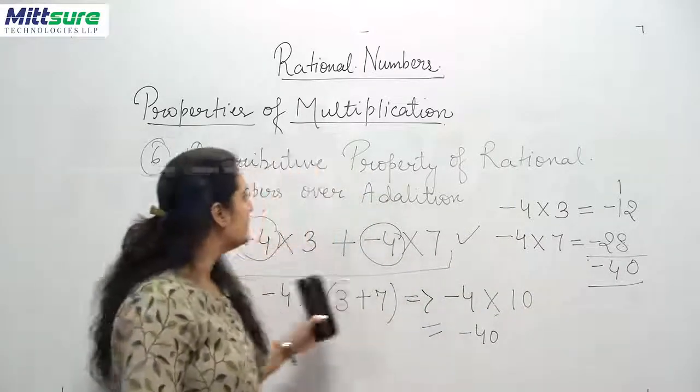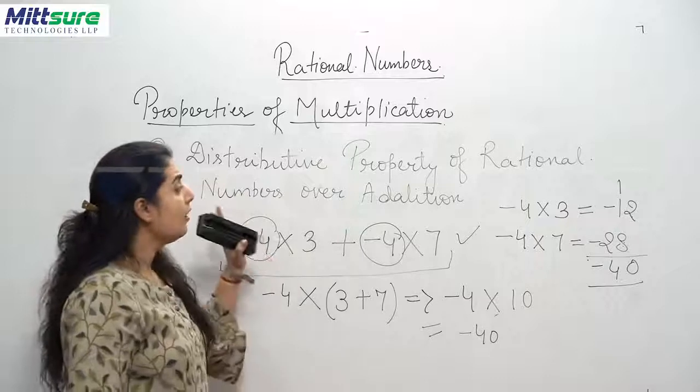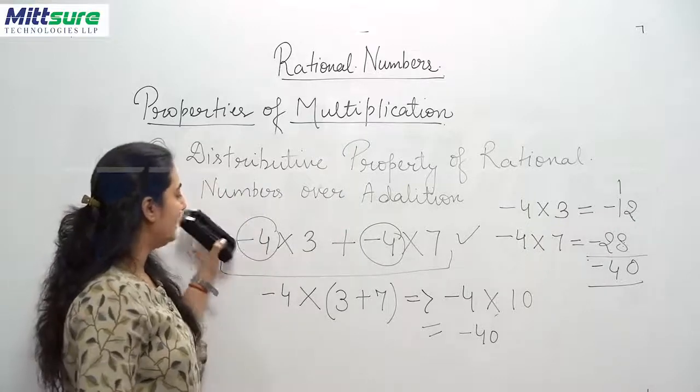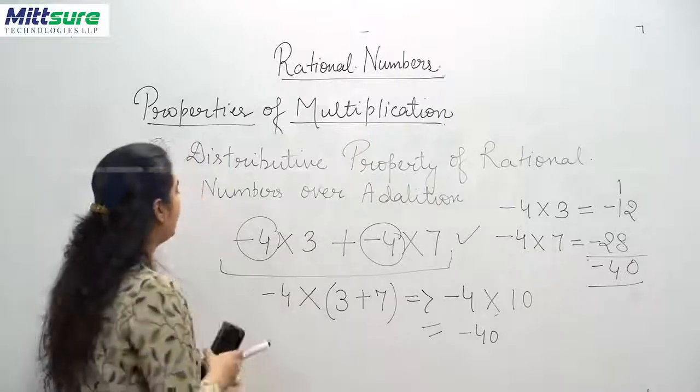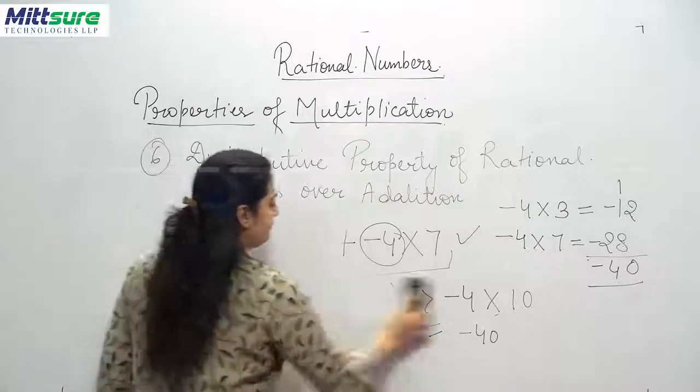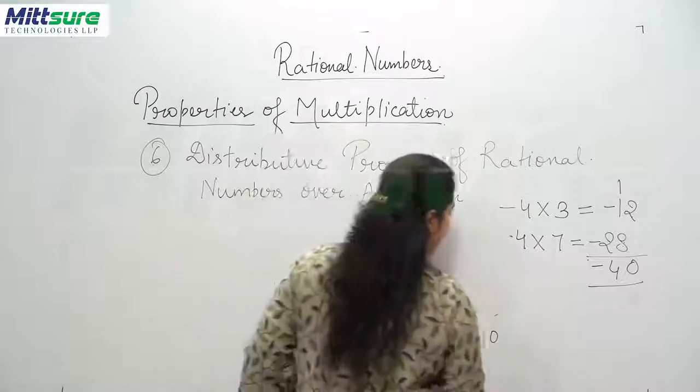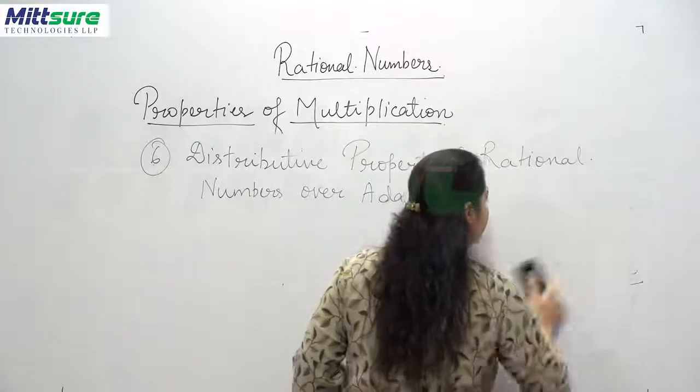Clear? So this is the distributive property of multiplication of integers over addition. Now let's take one example of rational numbers and understand the same.